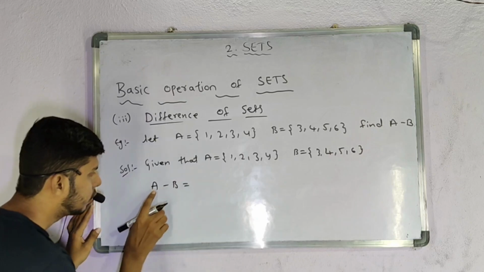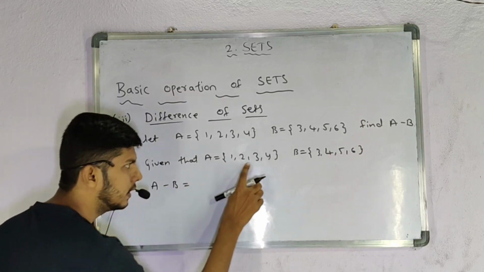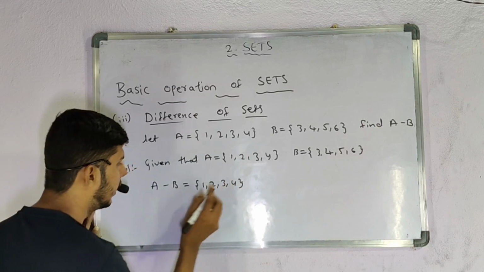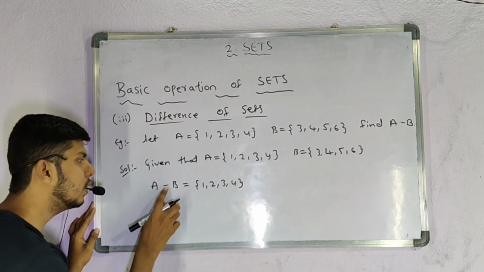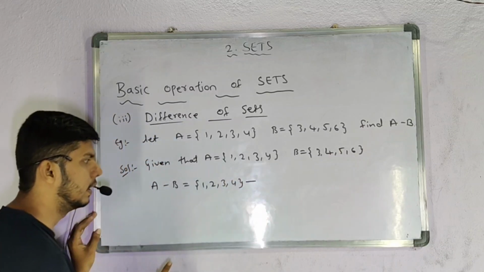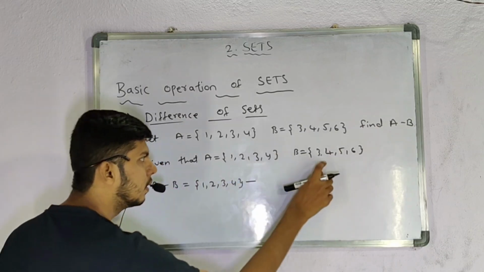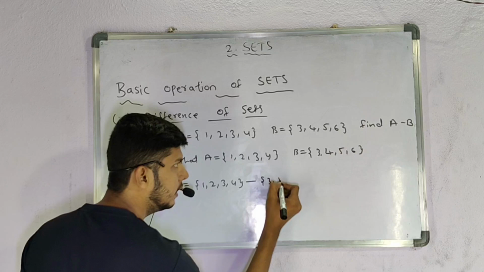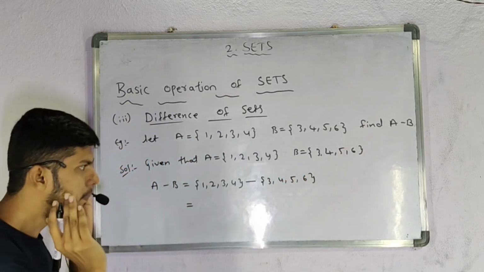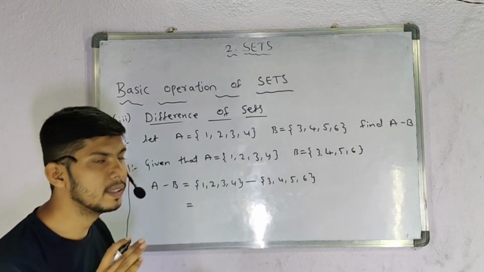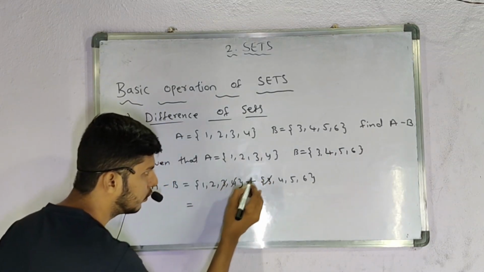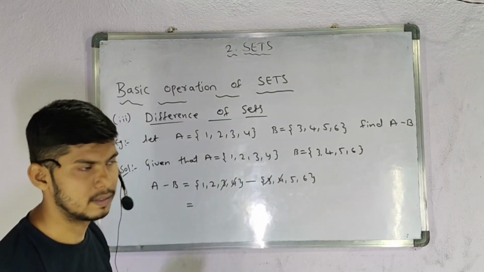Let's see. Here A set we have to write 1, 2, 3, 4. Next, the difference of sets is denoted by minus, so we write minus here. Next, B set 3, 4, 5, 6. After writing, what are the common elements? Just cut them. This 3 and this 3, and this 4 and this 4 get cancelled.